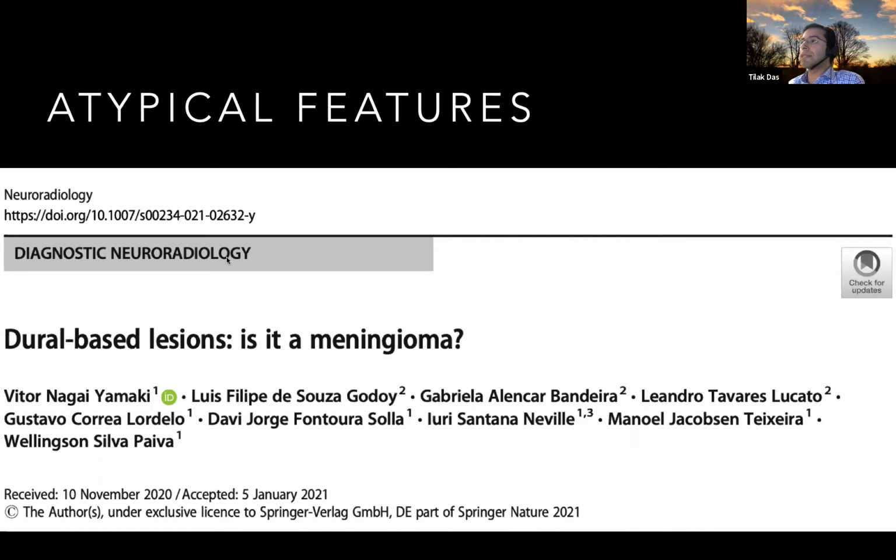So this is a recent series of about 350 patients just published last month, which looked at the atypical lesions in their series, so the ones that turned out not to be meningiomas, and tried to characterize any features. They actually had about a 7% prevalence of non-meningioma dural lesions.